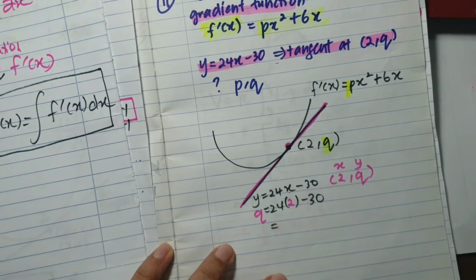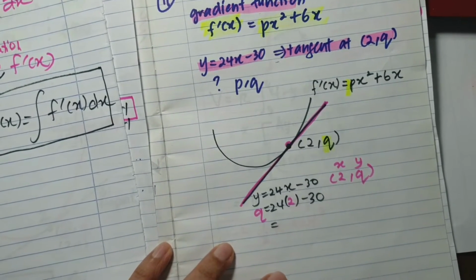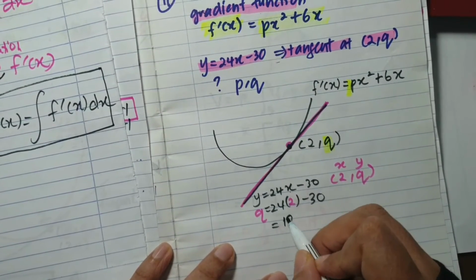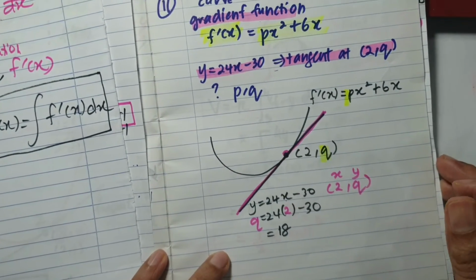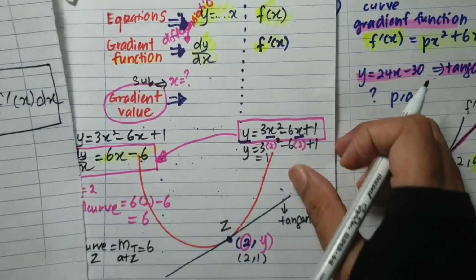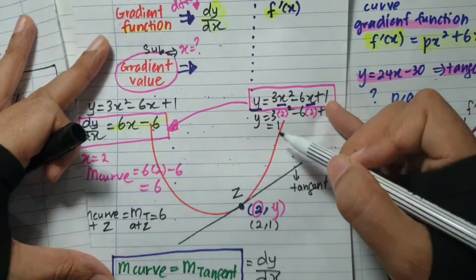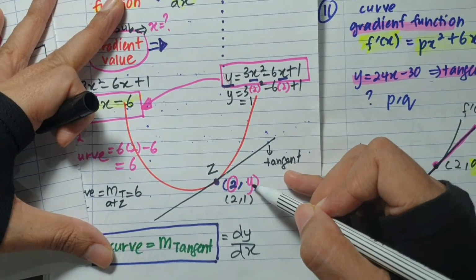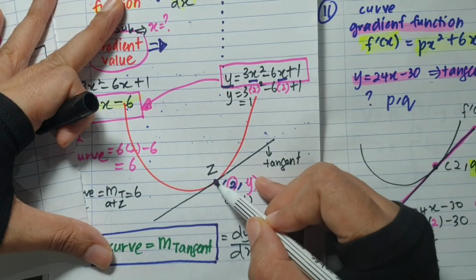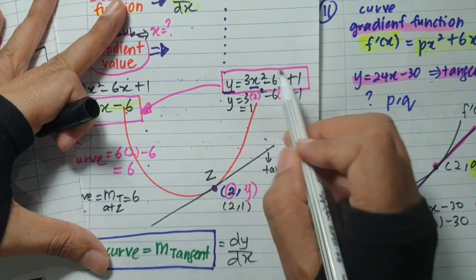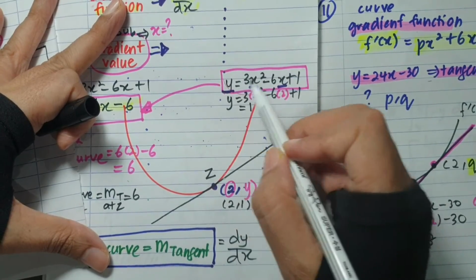So, 24 times 2, 48. 48 minus 30 is 18. Q done. Okay, simple je pun. Nampak tak? Kalau tak faham benda ni tadi, tak boleh nak buat lah. So, maknanya kita guna konsep ni tadi. Kalau kita ada x koordinat, kita boleh cari y koordinat. Kan? So, dalam case ni, disebabkan point ni lies on this curve. Since you have the equation of the curve, so you substitute into the equation of the curve.